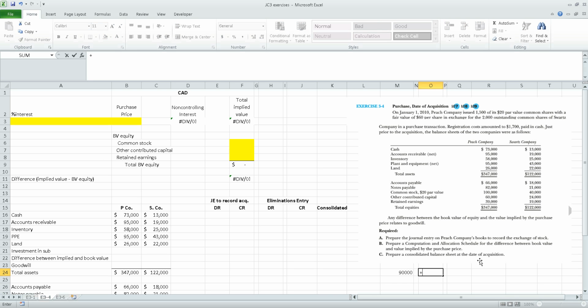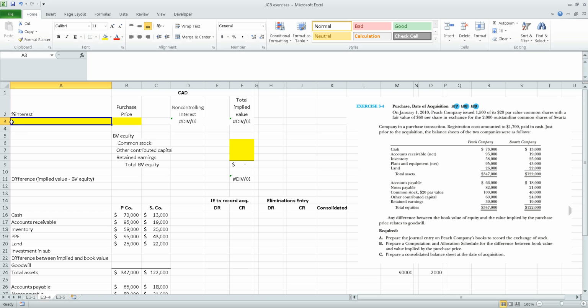So if you divide the total aggregate par value of the common stock outstanding by the par value per share, you see that Schwartz had outstanding 2,000 shares of common stock. So when Peach purchased those 2,000 shares, Peach assumed 100% ownership of the common stock of Schwartz Company.